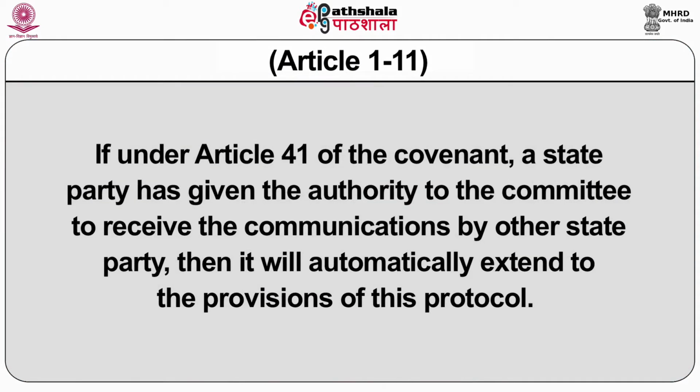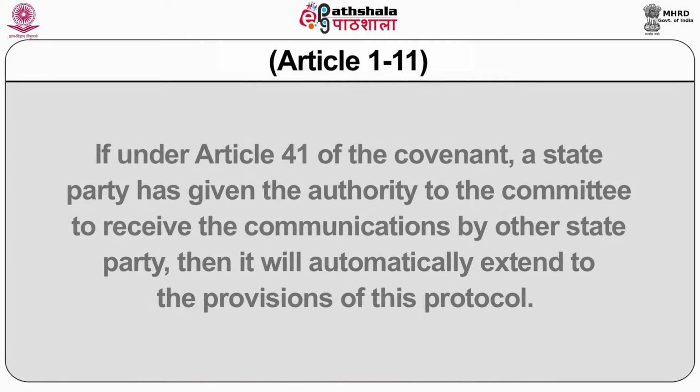The state party is also expected to inform the committee of the measures it took to give effect to the provisions of this protocol. If under Article 41 of the Covenant, a state party has given the authority to the committee to receive communications by other state parties, then it will automatically extend to the provisions of this protocol.